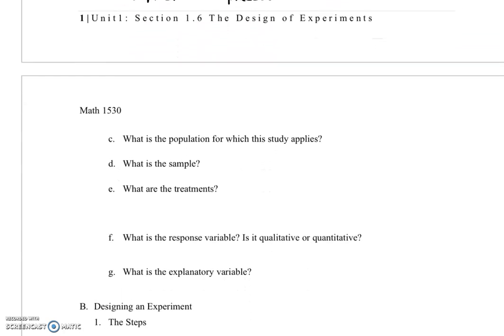So that means the population is going to be all 40 to 75-year-olds with type 2 diabetes and no history of cardiovascular disease.